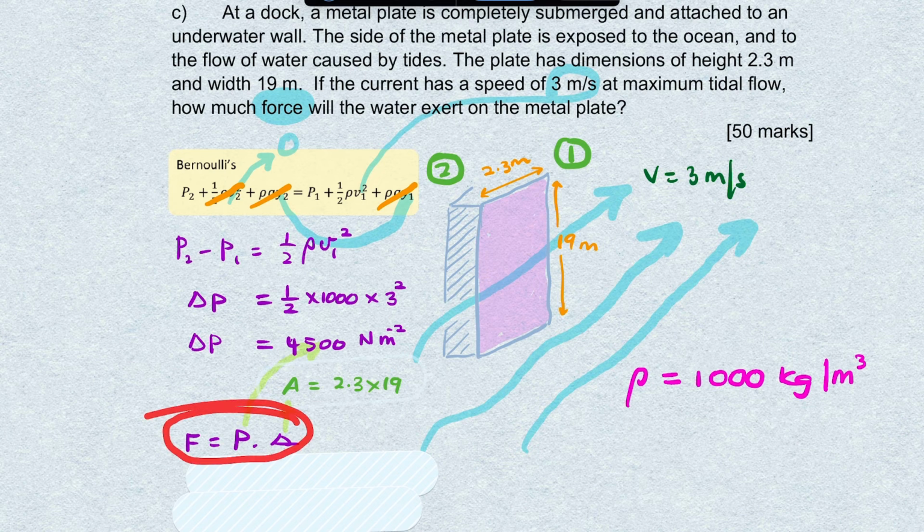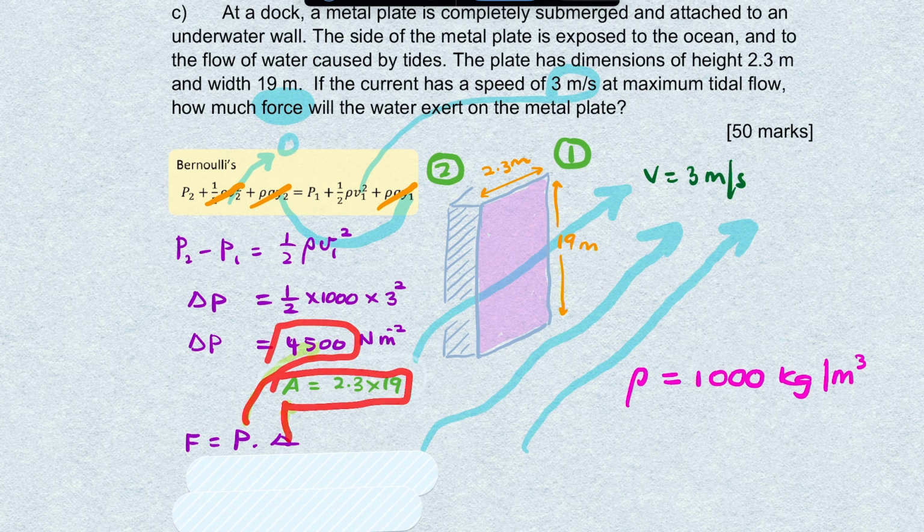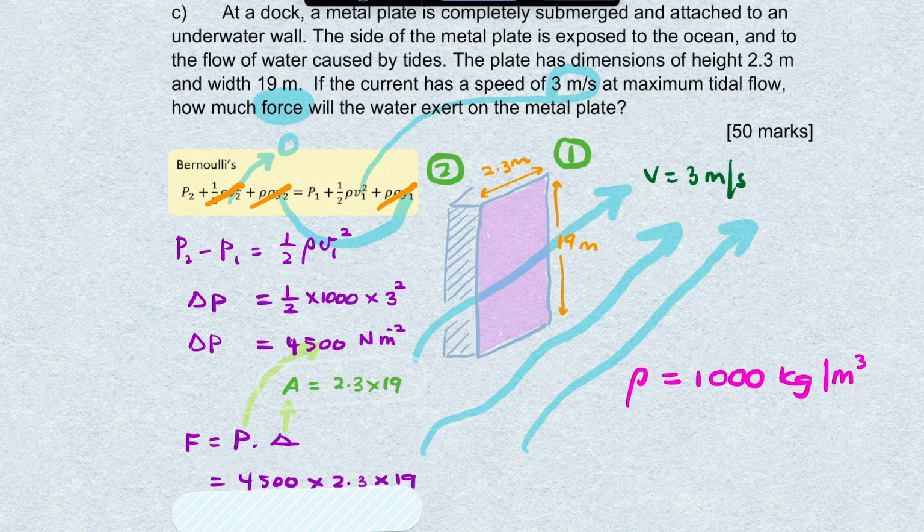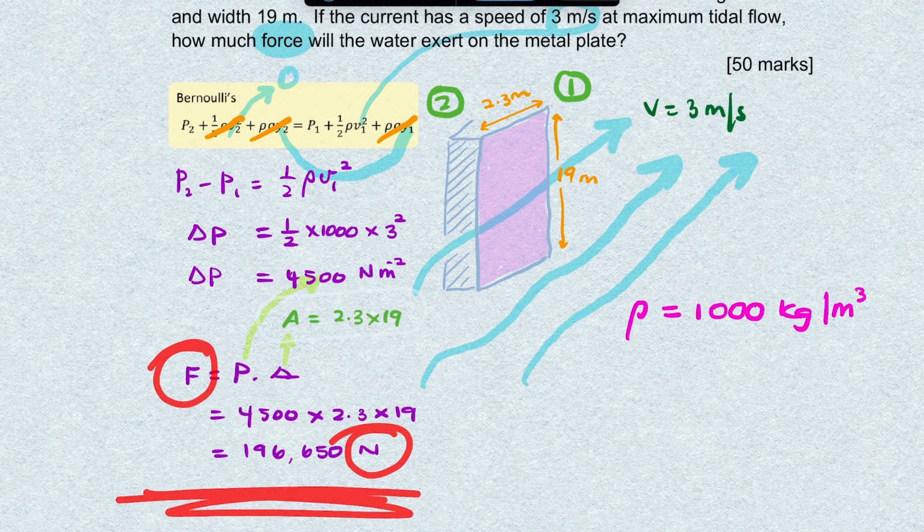So pressure times area. The pressure, we're going to use the value that we just found. Area is just the product of the 2 dimensions, and that's going to give you 196,650, and because we're looking for a force, the unit is Newtons. So that's your final answer.